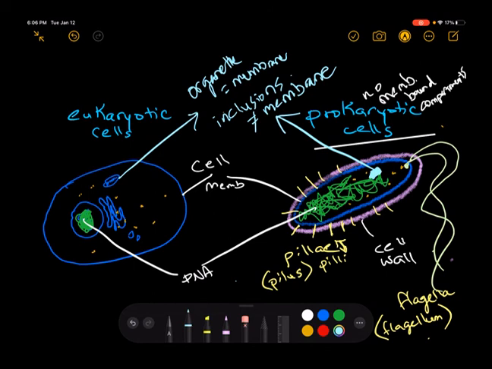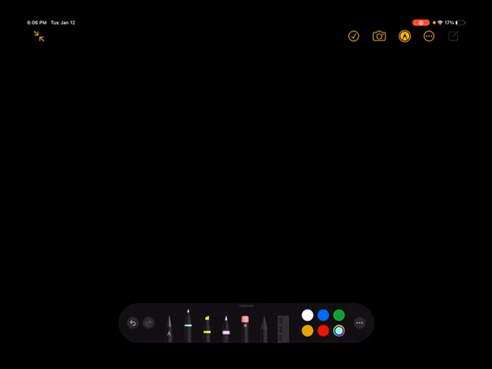The one last thing that I want to show is the difference in size between prokaryotic cells and eukaryotic cells. Again, the term prokaryotic encompasses both bacteria and archaea, whereas if I said bacteria, that leaves out archaea.